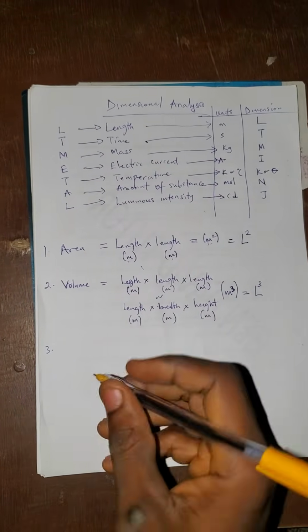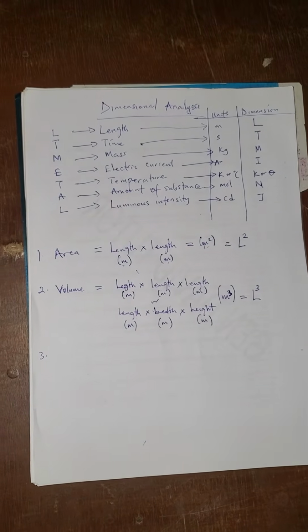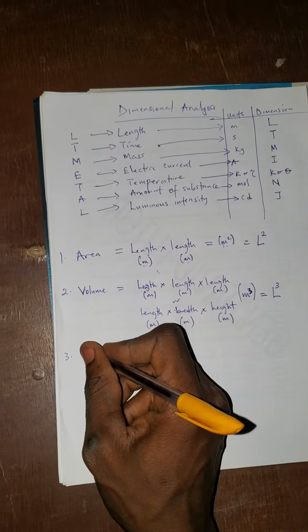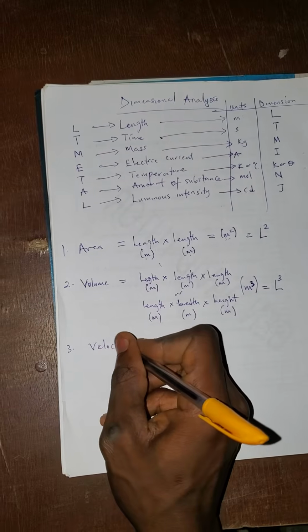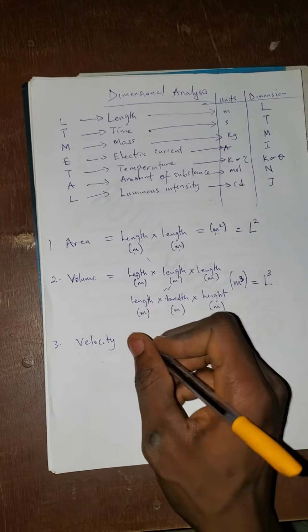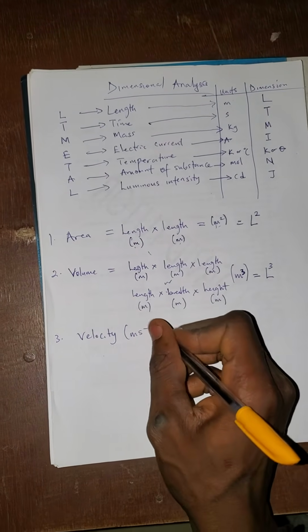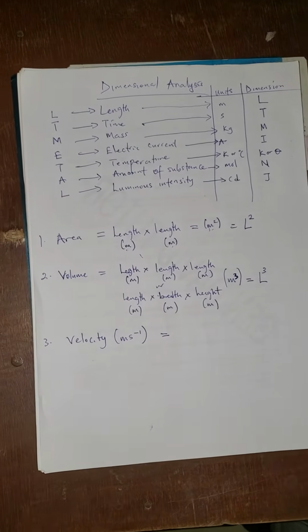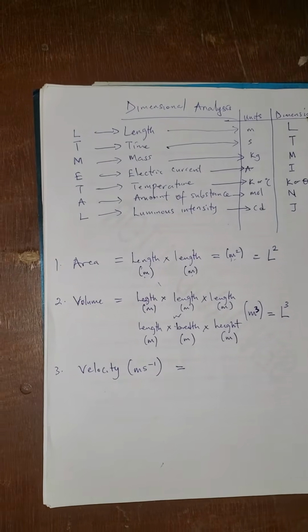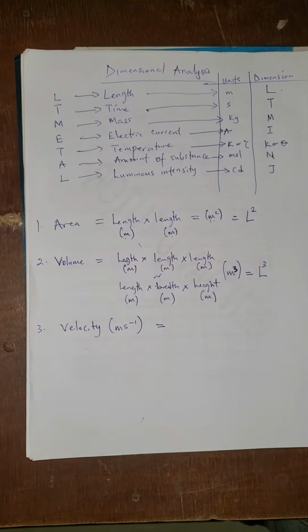Number 3. We need to calculate the dimension for velocity. Don't forget that velocity is measured in meter per seconds. So I can use units to calculate dimension, or I use the formula.